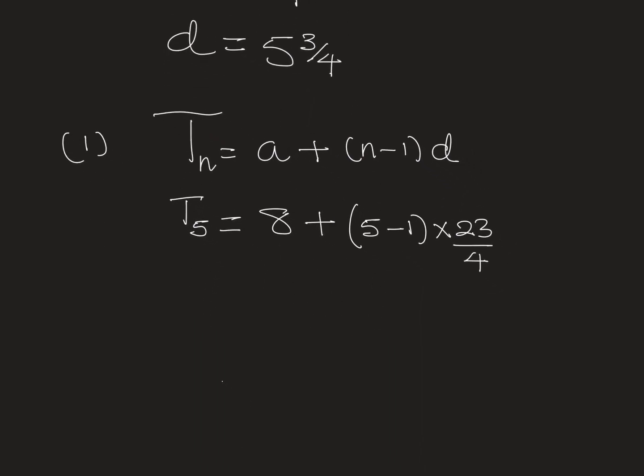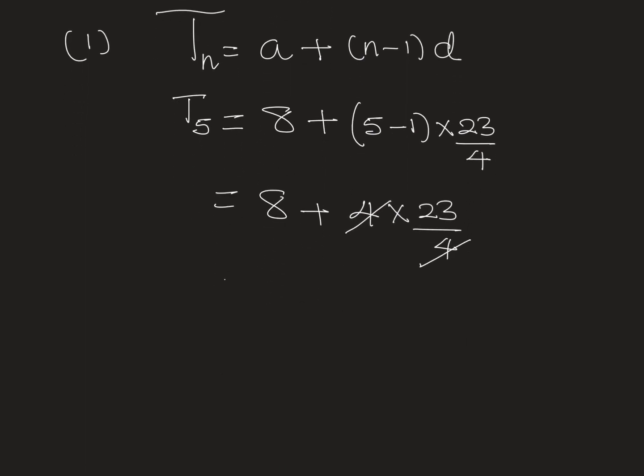So that is 8 plus 5 minus 1 is 4, then times 23 over 4. 4 can cancel 4, so we're going to have 8 plus 23, and 8 plus 23 is 31. So the fifth term of this sequence is 31.